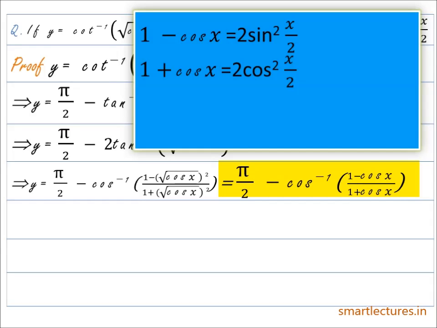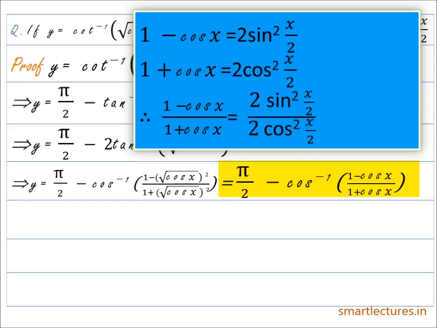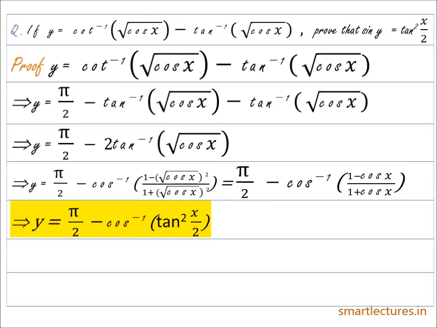So 1 minus cos x upon 1 plus cos x is equal to tan square half x. So now this expression y becomes y is equal to half pi minus cos inverse tan square half x.